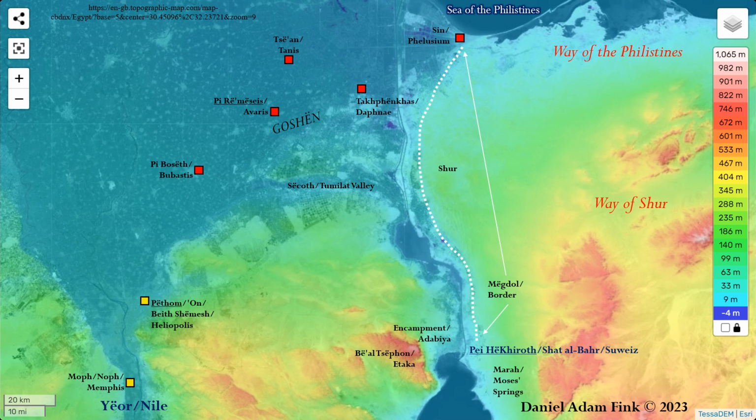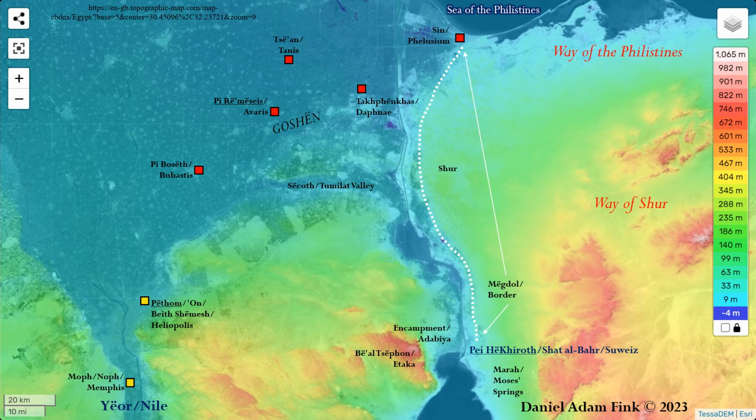Down at the bottom of the dotted line, at the very bottom, you see Pei Hachirat, Shat al-Bar, Suez. That was the place of the actual Exodus crossing specifically. Left and to the west of Pei Hachirat is the encampment, Adabia.